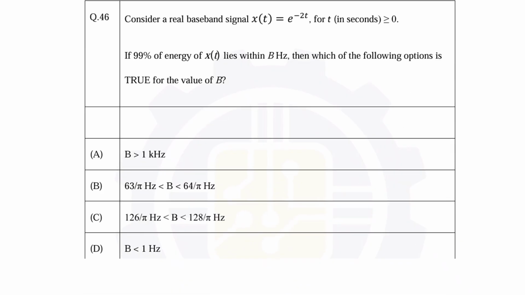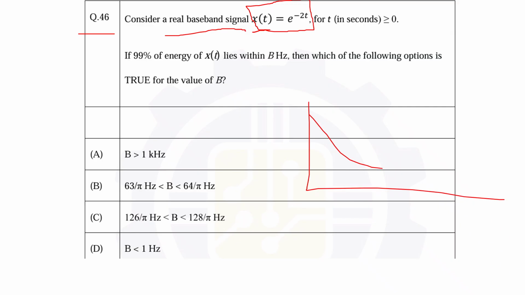Question number 46. Consider a real baseband signal x(t) equal to e to the power minus 2t. So your signal is given, x(t) equal to e to the power minus 2t, for t greater than 0, and suppose this is 0 on your time axis.